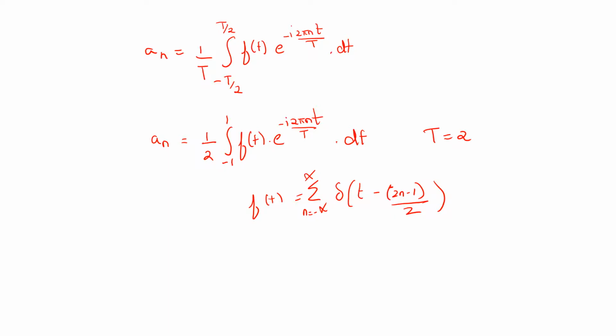So just for simplicity's sake, let us take the calculation between t equal to minus half and t equal to half. So then a n becomes half.